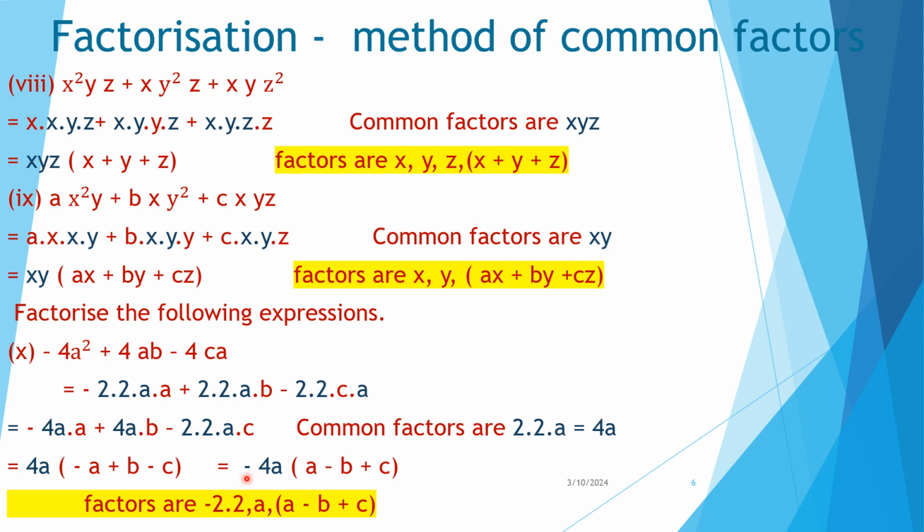So I write minus 4a because I've taken out the negative sign outside common. I will have to change the signs of all the terms inside the bracket. So minus a becomes plus a, plus b becomes minus b, and minus c becomes plus c. Factors are minus 4a and a minus b plus c.